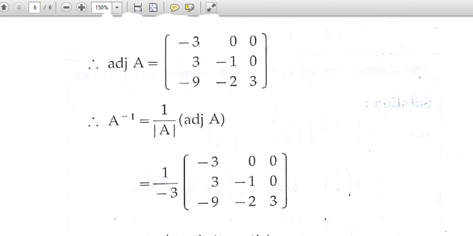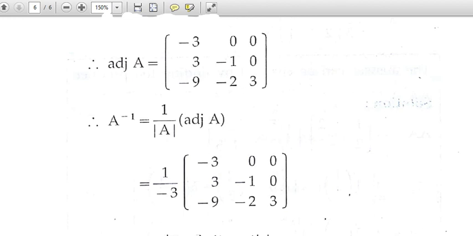The first step was finding the determinant of matrix A, then finding minors and cofactors of all the elements of matrix A, then writing the cofactor matrix, then finding the adjoint matrix by transposing the cofactor matrix, and then the inverse matrix by using the formula 1 upon determinant of A into adjoint of A.